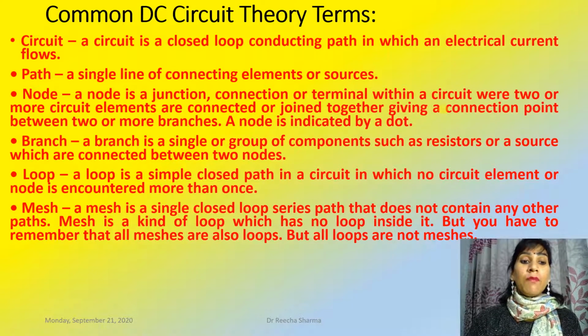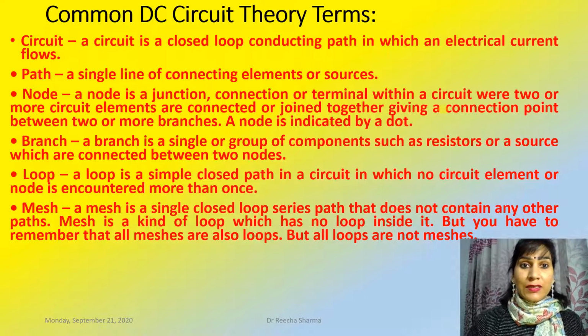Mesh. A mesh is a single closed loop series path that does not contain any other path. A mesh is a kind of loop which has no loop inside it. It is to be remembered that all meshes are also loops, but all loops are not meshes.